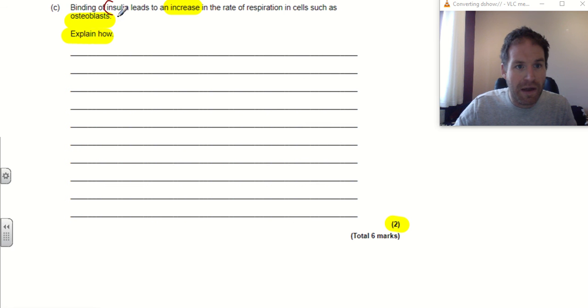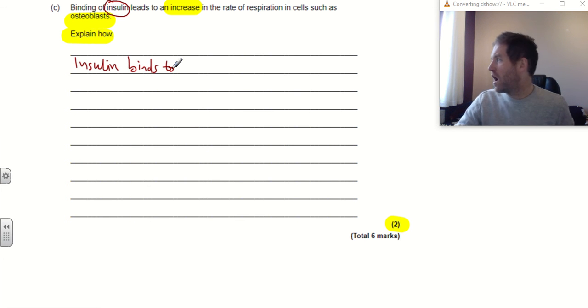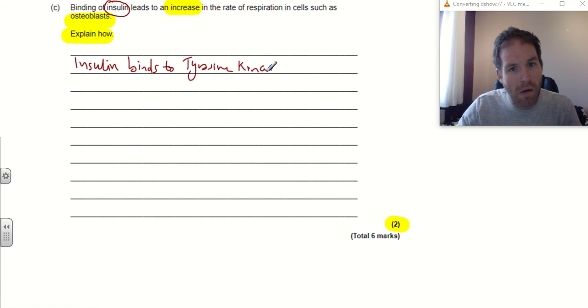So, reminding ourselves, insulin binds to, if you can remember, tyrosine kinase.